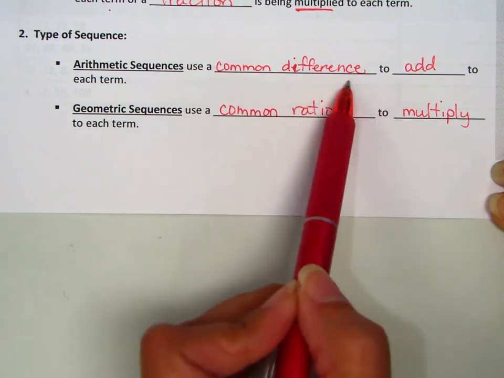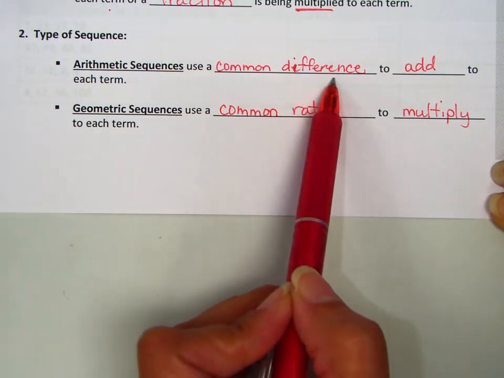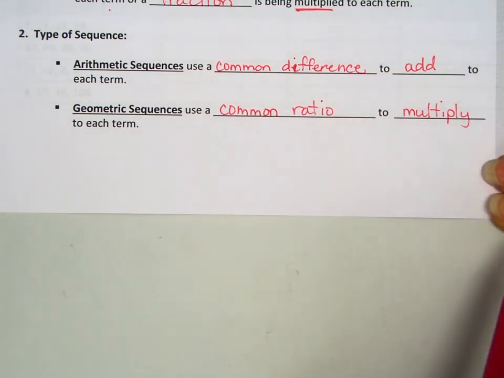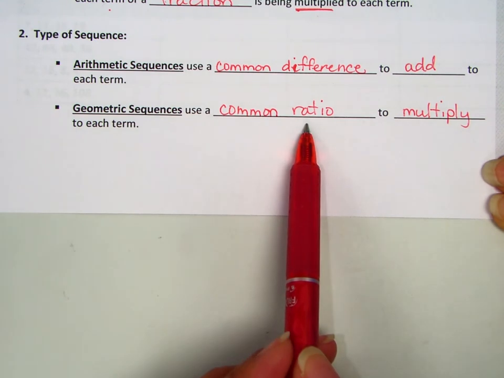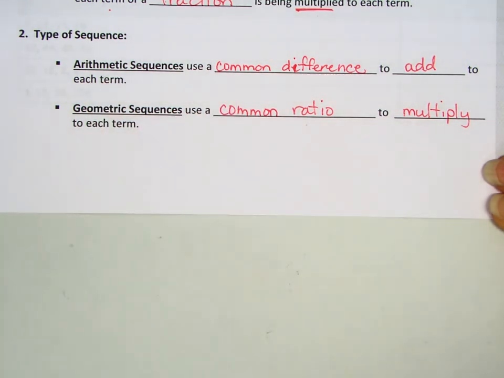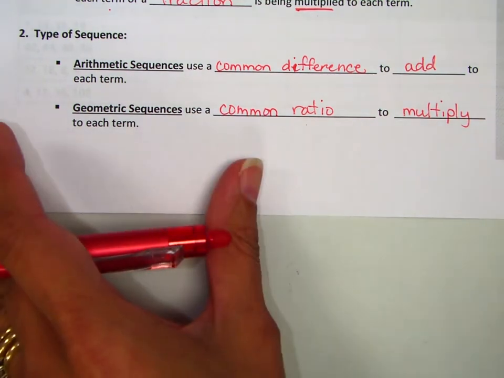And when I see the word difference, I think of adding, subtracting, of course, but then it also has an opposite operation called adding, so adding and subtracting kind of go together. And when I think of a ratio, I think of division, and division and multiplication are inverse operations, so they kind of go together. That's how I remember which one I'm going to use for each sequence.